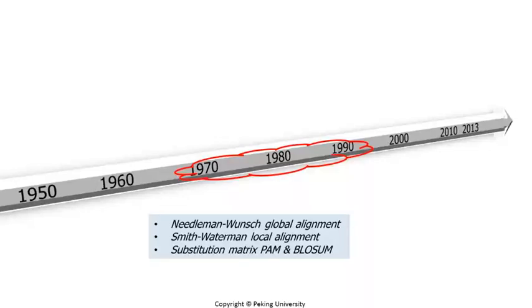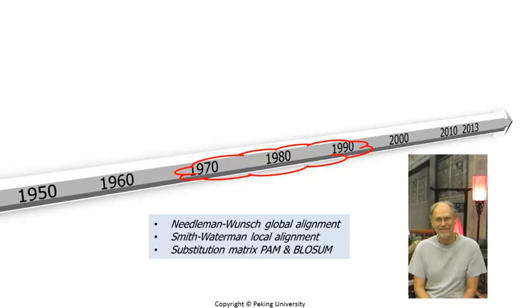The PAM matrices that quantify the goodness of fit of amino acid substitutions were published in 1978. Later, another set of substitution matrices, the BLOSUM matrices, were published in 1992. Dr. Michael Waterman will tell us more about the historical context of the Smith-Waterman algorithm.